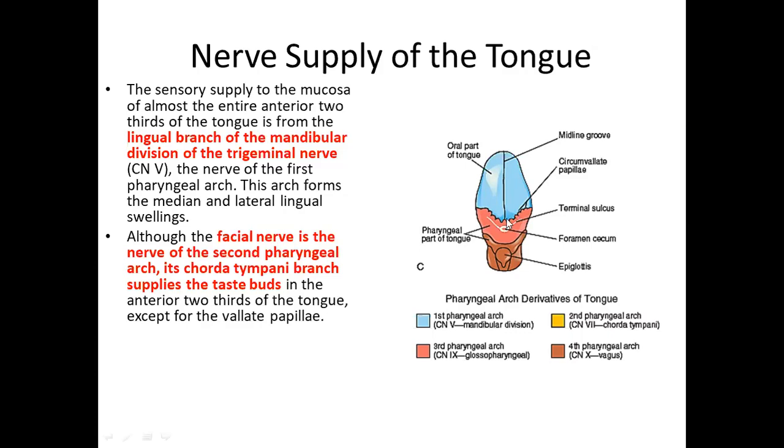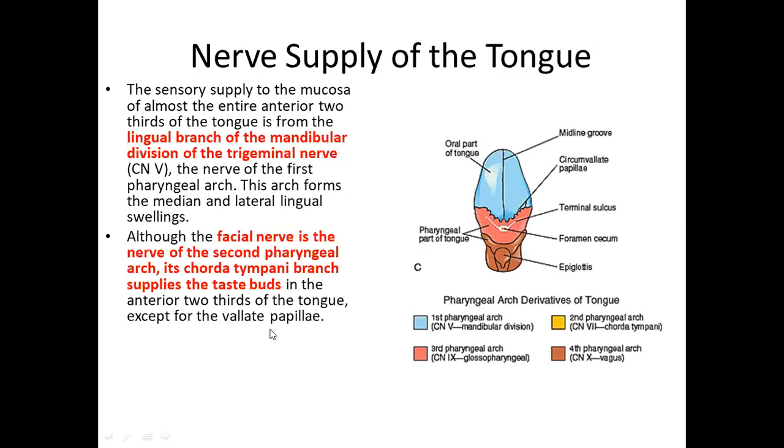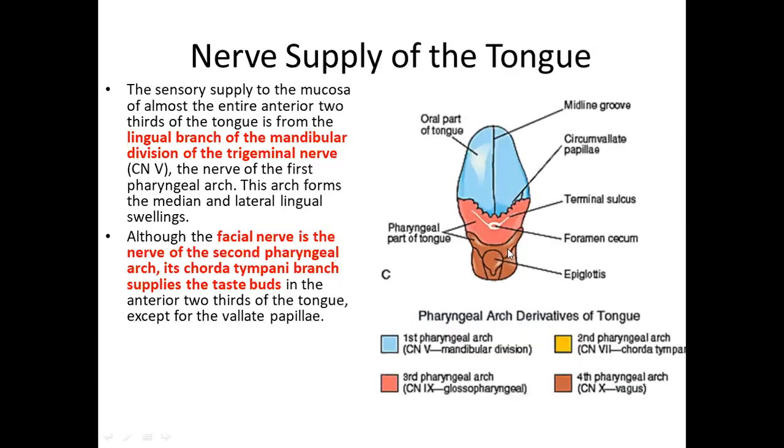The facial nerve is the nerve of the second pharyngeal arch, but its branch, the chorda tympani, is only supplying the taste buds, and that too the fungiform papillae in the anterior two-third of the tongue. It is not supplying the vallate papillae. The sensation from the vallate papillae will be taken by the glossopharyngeal nerve.